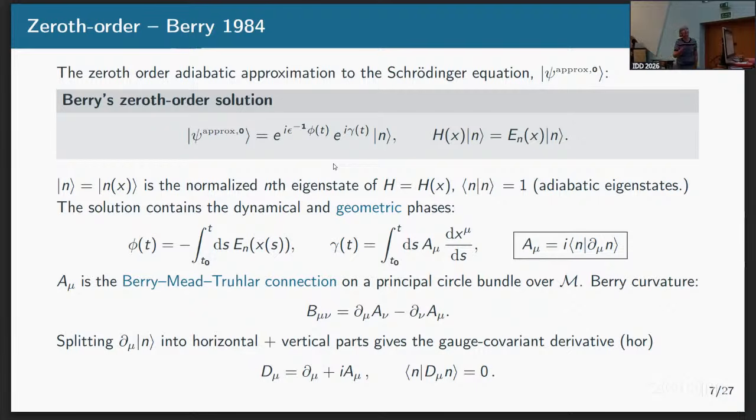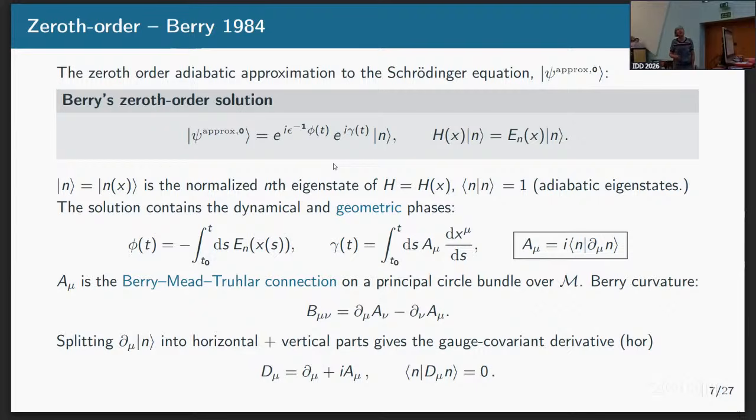And your wave function is basically your adiabatic state, with a two-phase factor. One phase factor is dynamical and is given by the exponent of the integral of the energy. The second phase factor is geometric. And this is the geometric Berry phase introduced by Berry in his work.